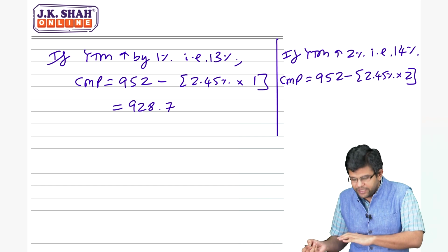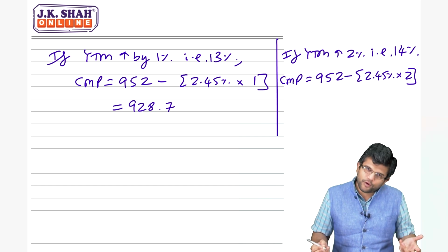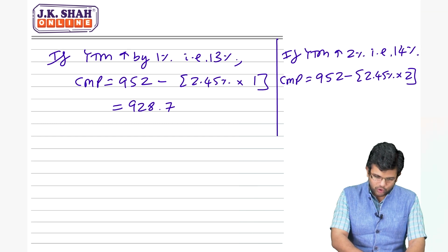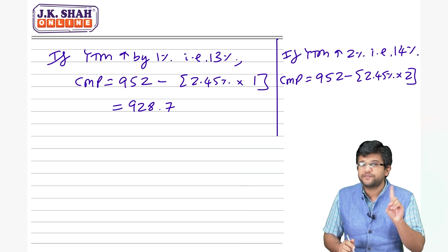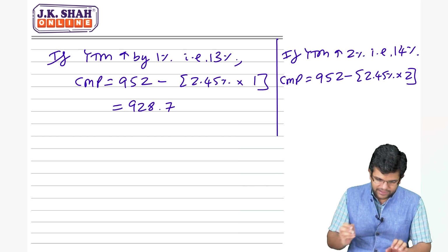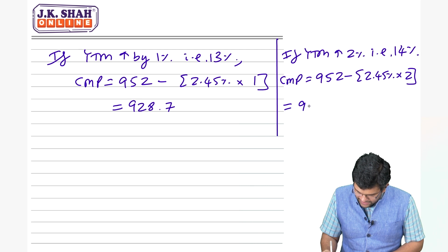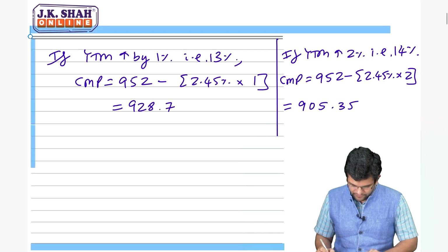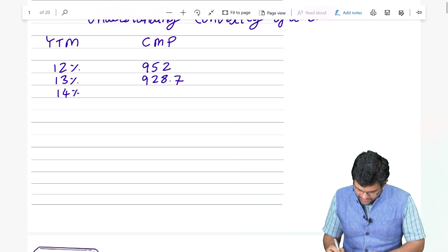So 2.45 into 2 is 4.9%. So 952 minus 4.9% gives 905.35.